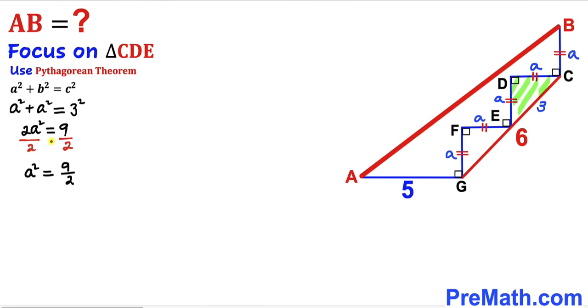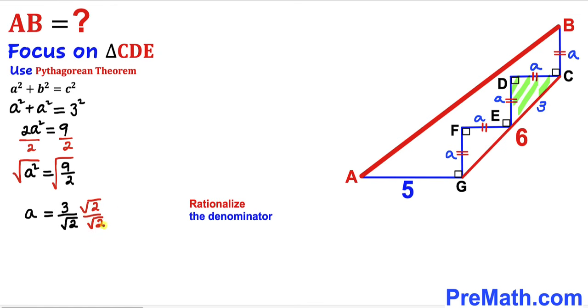Now I'm going to undo this square by taking the square root on both sides. So our lowercase a value is going to be 3 divided by square root of 2. Now we are going to rationalize this denominator, so we multiply and divide by square root of 2.